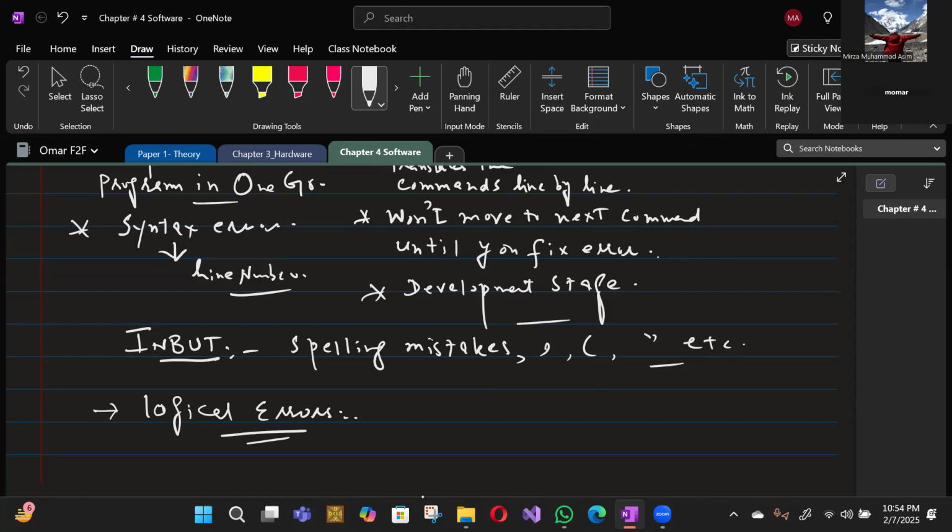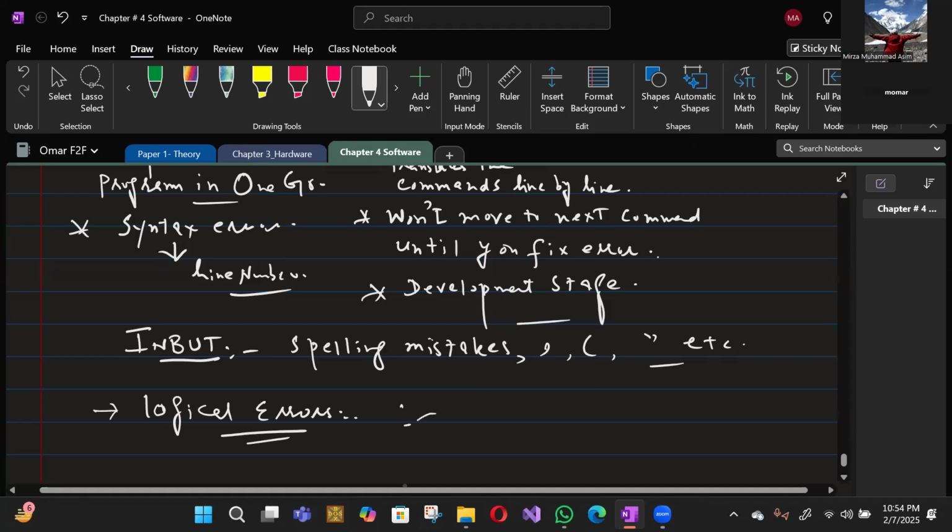Let me give you an example. You are writing a program of a table. For example, two ones are two, two twos are four. We know it, right? Two threes are six. This is just an example, Umar, not actual commands.